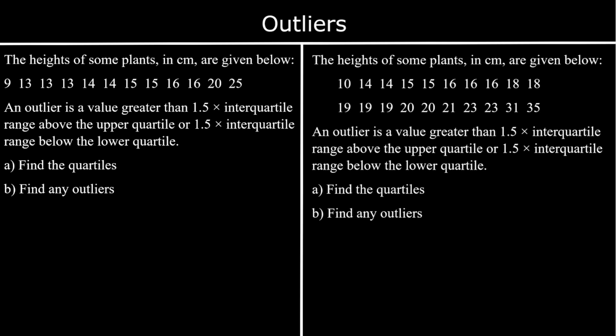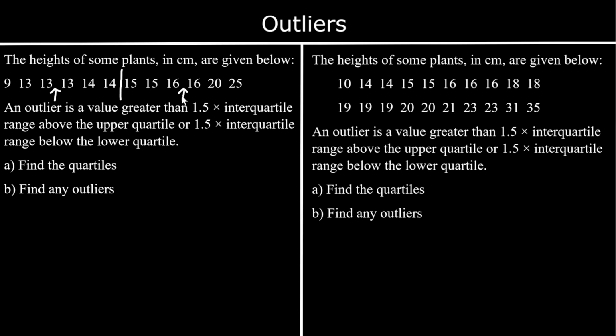So if we cut the data in half, there's 1, 2, 3, 4, 5, 6, 7, 8, 9, 10, 11, 12. So we cut the data in half. So the median would be 14.5. And then the lower quartile is halfway between the middle ones of the lower set.